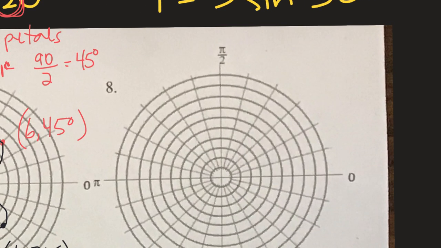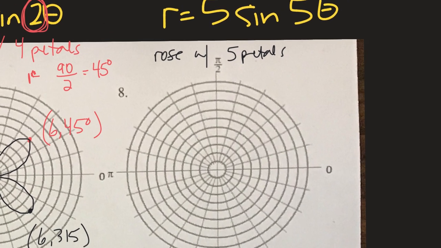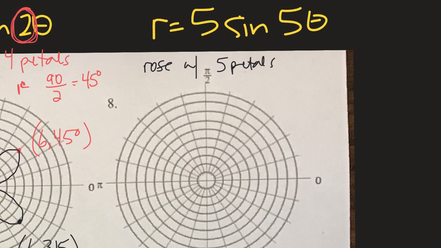Okay, 5 sine of 5 theta. Remember we said this was also a rose with 5 petals. So we have an odd number of petals because it's an odd number in front of theta. So the first one, 90 divided by 5, is 18 degrees.